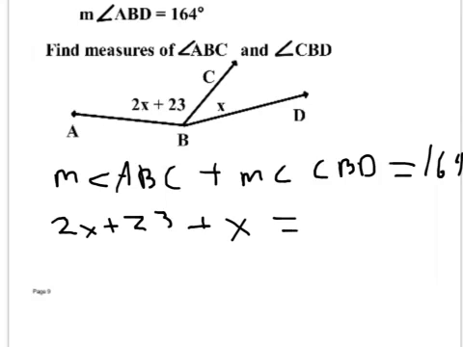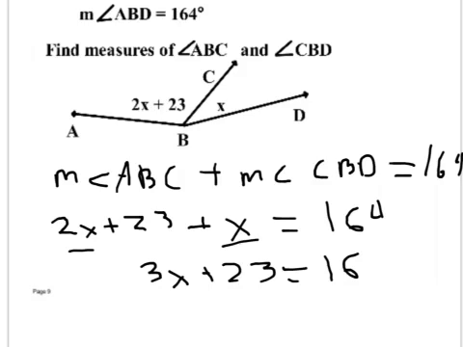X. So this equals 164. 2x plus x are like terms, so we can add the numbers in front. 2 and 1 is 3. So we have 3x plus 23 equals 164. I subtract 23 from both sides. I find that 3x equals 141.